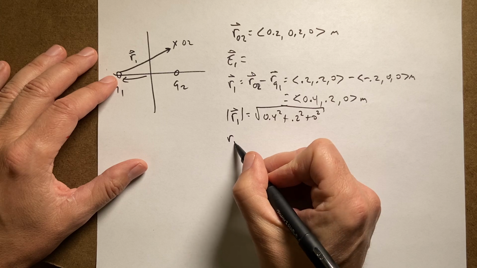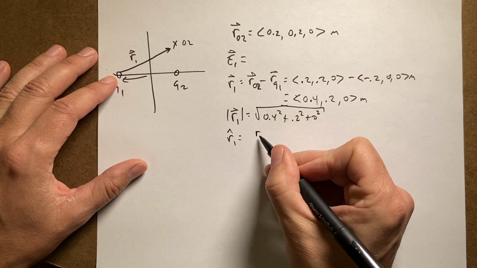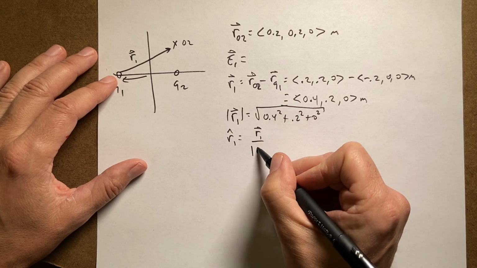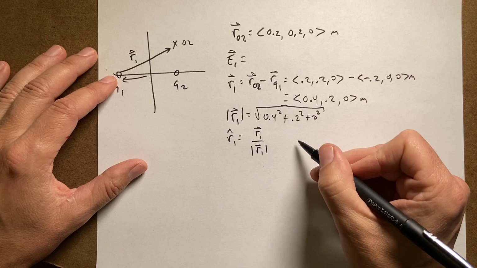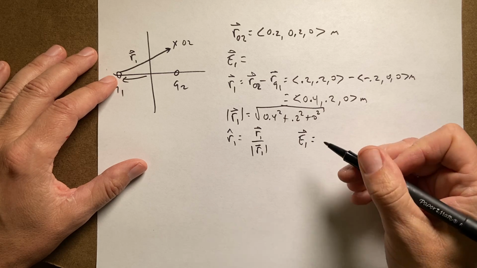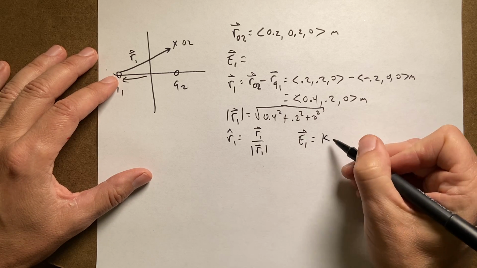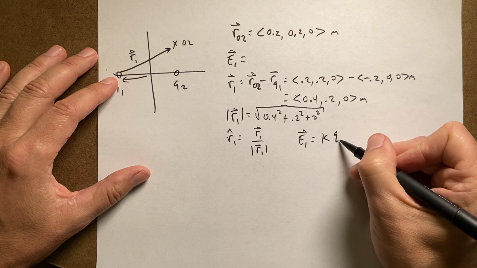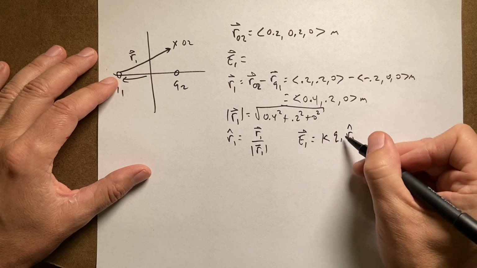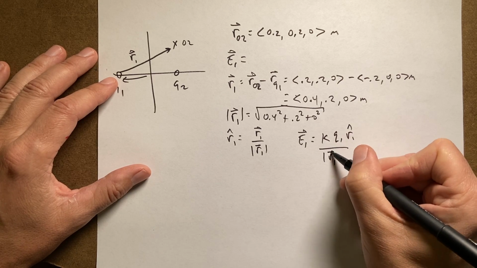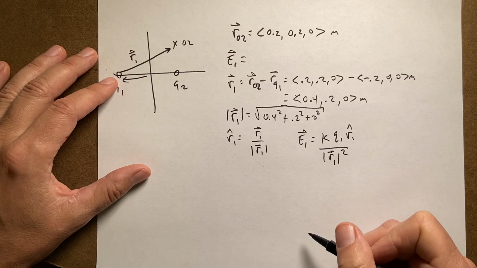I can find R1 hat. It's just going to be R1 divided by the magnitude of R1. And then I can find E1. It's going to be equal to K times Q1 times R1 hat over the R1 magnitude squared.